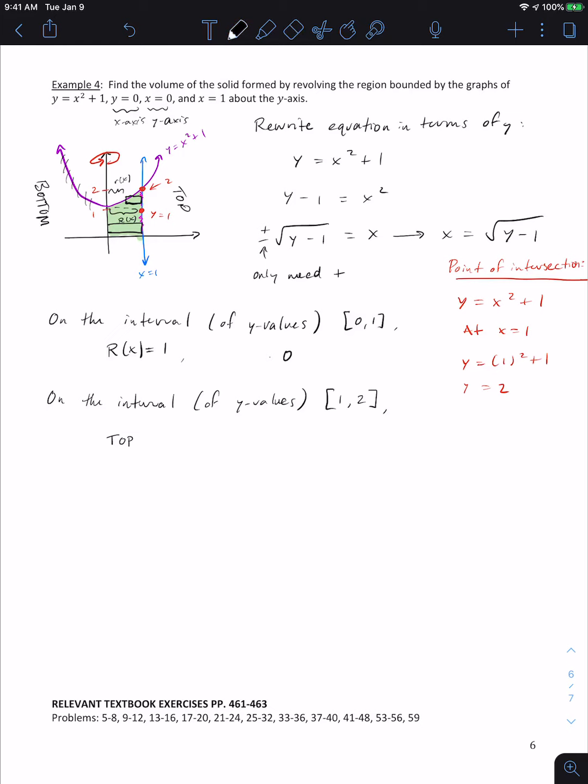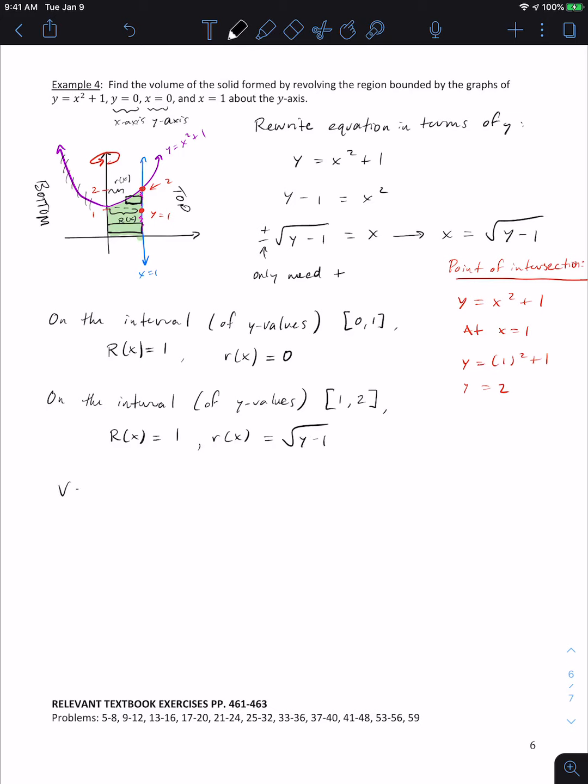I was getting used to the area formulas. So instead of saying top function, let's say what's my big radius? Well, my big radius, again, we've marked, is going to be from 0 to 1. It's going to be that blue line there. So it's going to be 1. And now my little radius is given by the purple, right? And the purple is going to be the square root of y minus 1, right?